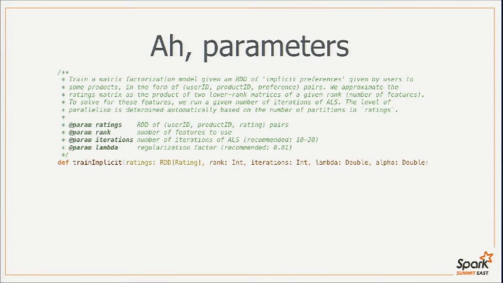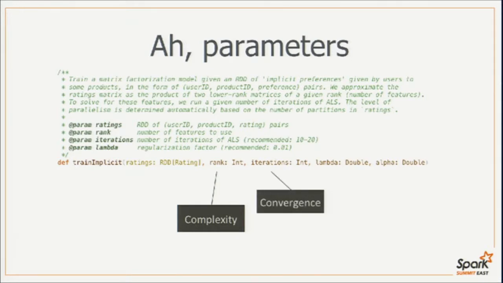There are a lot of model hyperparameters that need to be assigned, right? So one is the rank of the model, the latent features, basically giving you an idea of the model complexity. Second is how many iterations for this matrix approximation that you're doing, basically giving you how close you want to converge to the exact numerical solution.